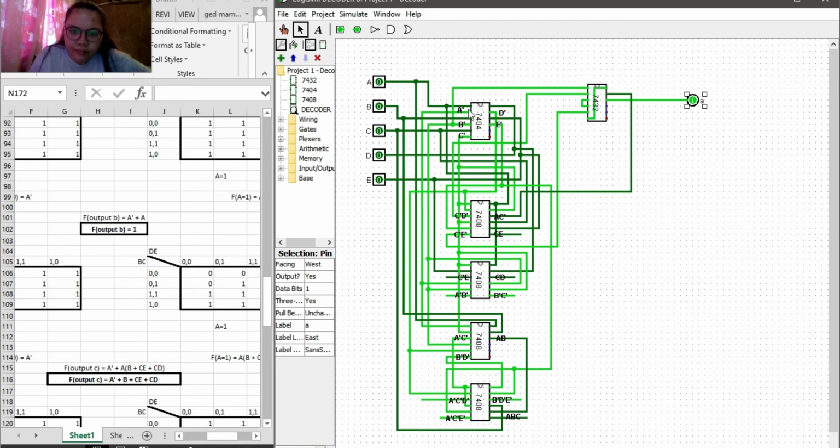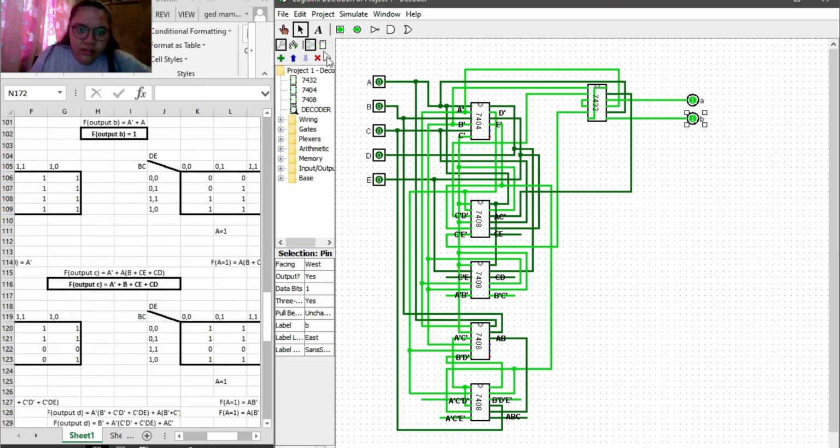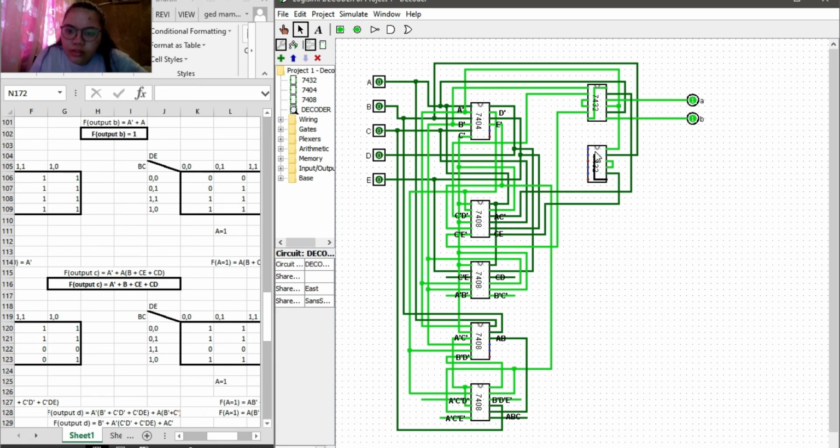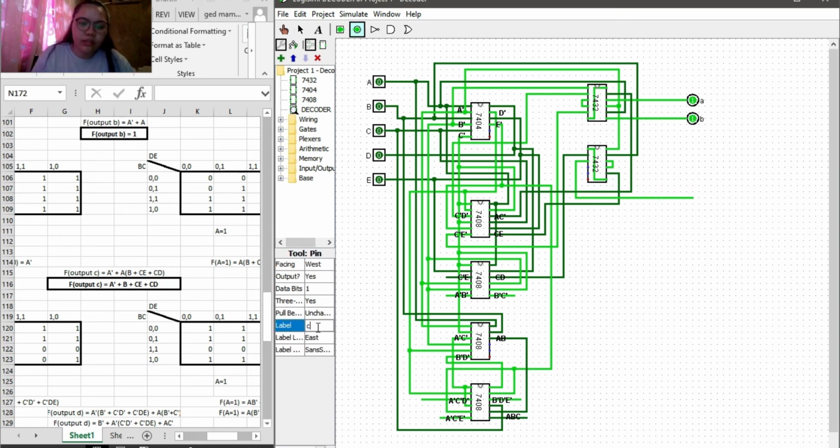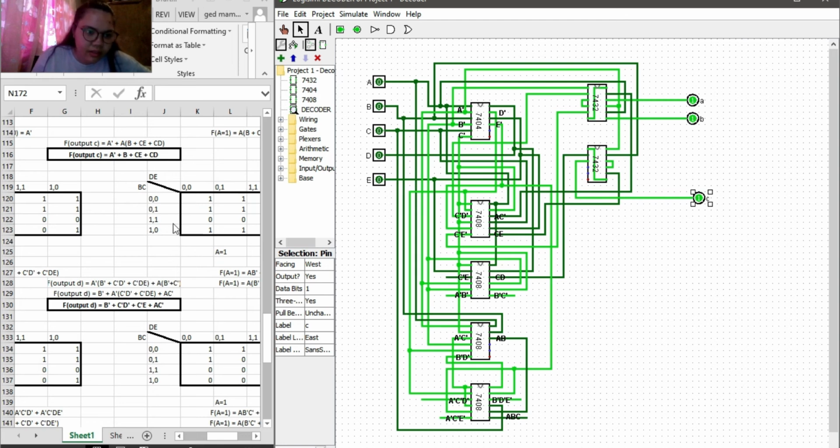Then for B, A naught connected to A, OR A. The output of this is B. Next, for output C, it says A naught, which is this wire, A naught or B. This is the output C. Then for output D, we have here our B naught.